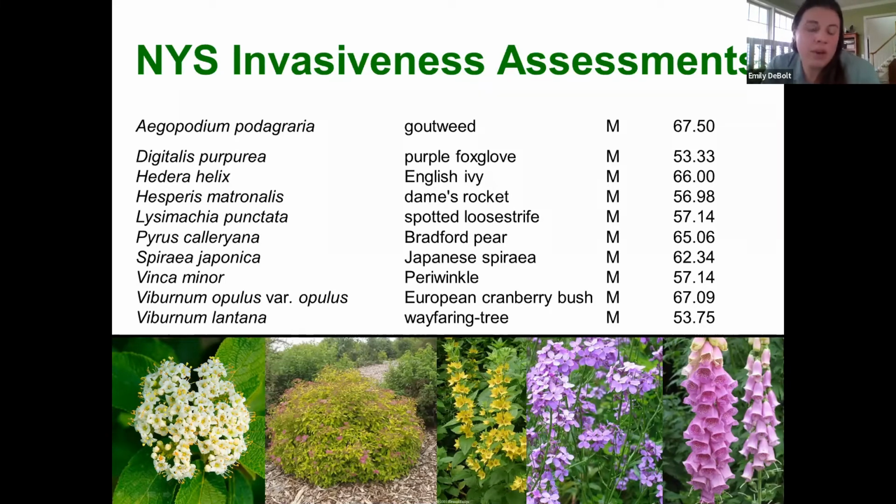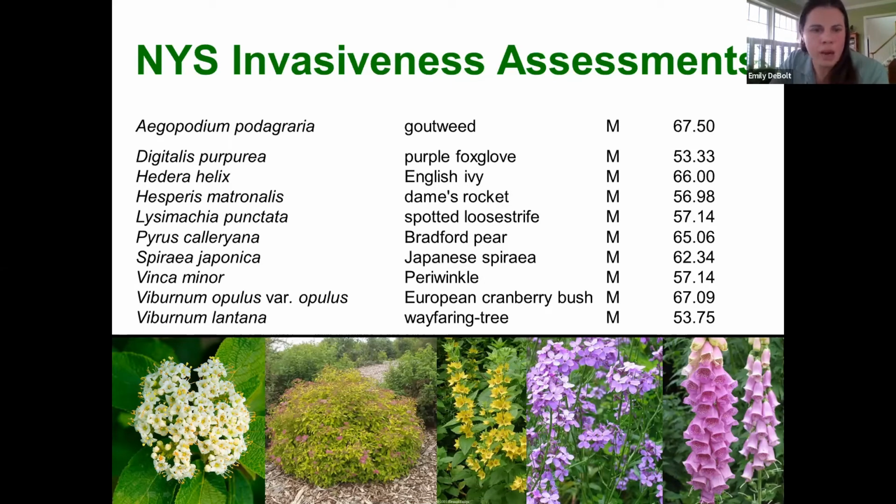But I don't know, if you have a natural area somewhere and you're trying to hold it back between your lawn and the woods, maybe you don't mind it over there. But please don't give it to your neighbor because it can really spread. So these are things that would be considered more like a garden nuisance, maybe not rising to the level of regulatory invasive.